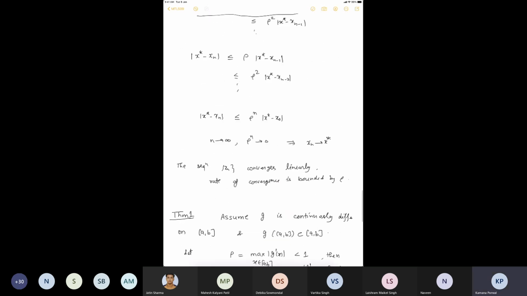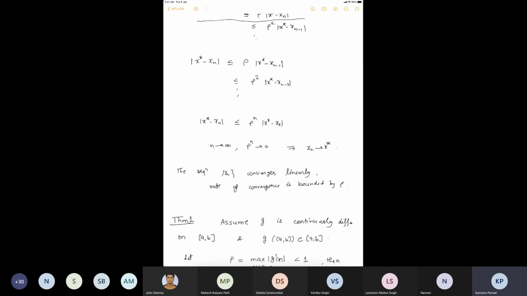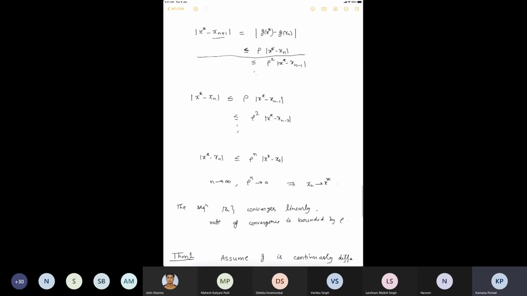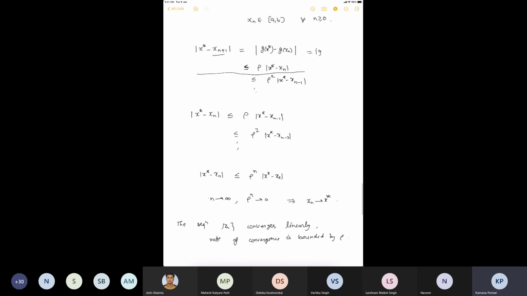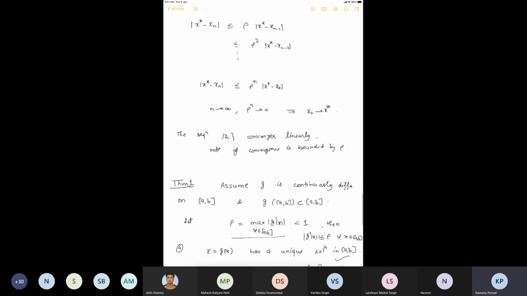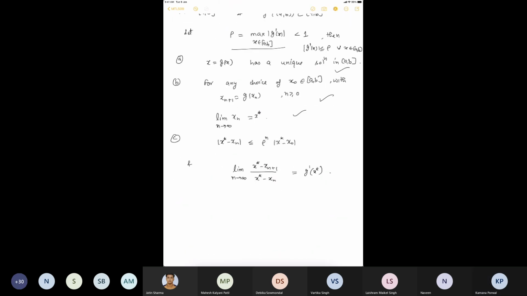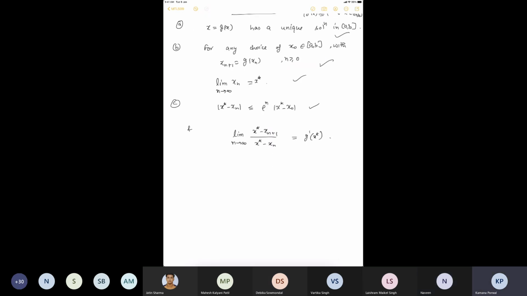The same steps apply, using rho strictly less than 1. You get G prime of some xi times (x star minus xn), and this is less than or equal to rho, because rho is the maximum of all |G prime of x|. So this part is also okay. And this part as well. You agree with me that it follows from the previous results as well?